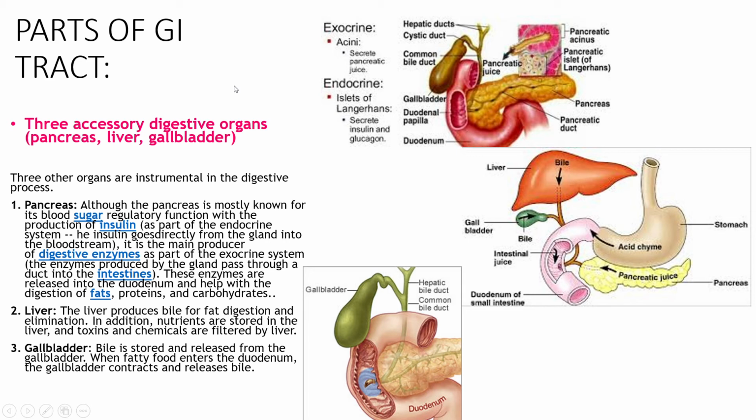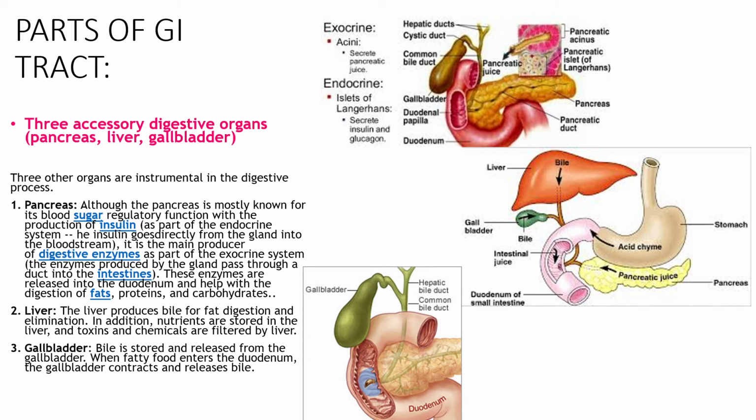Here come the accessory digestive organs, that is pancreas, liver, and gallbladder. Basically the pancreas plays an active role in production of insulin, but it also helps in formation of digestive enzymes, and it helps in digestion of fat, protein, and carbohydrate. Next, the liver.